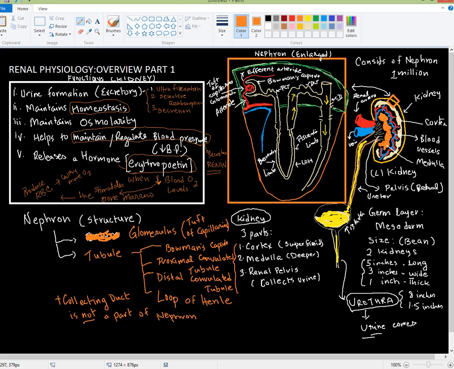Okay, so that's how it tries to help the body in different situations to maintain a homeostatic environment, or regulate different mechanisms so that our body can function appropriately.